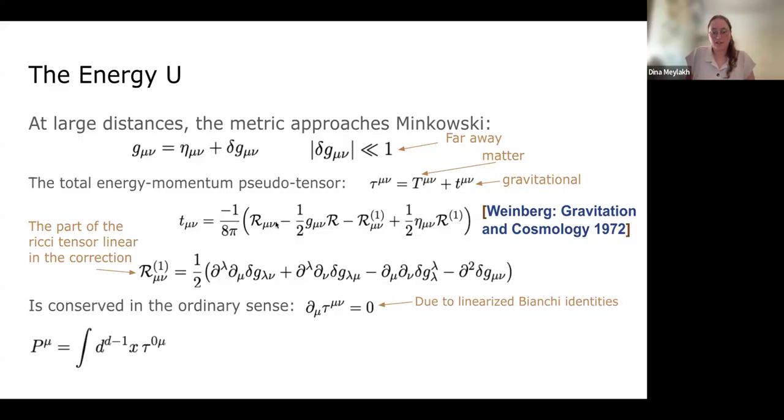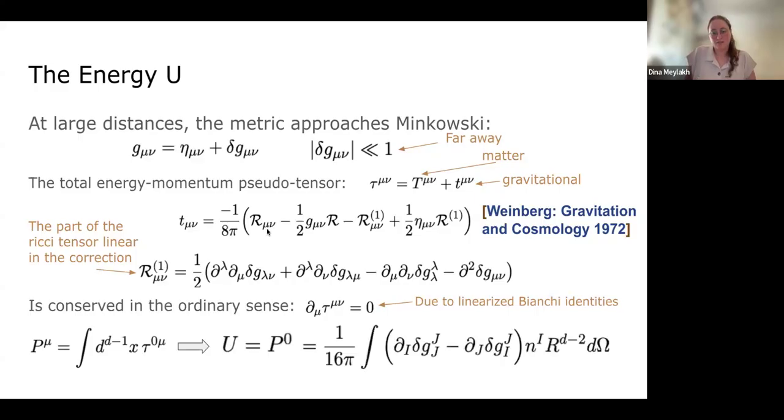So we can define our momentum pseudo vector, which is just the integration over the tau, and take its 0th component to be the internal energy U. And through Gauss's theorem, we can take the volumetric integral and span it on the boundary, which is great for us because if we convert it on the boundary, then our point particle approximation is enough, and we can treat it as a point particle with corrections.